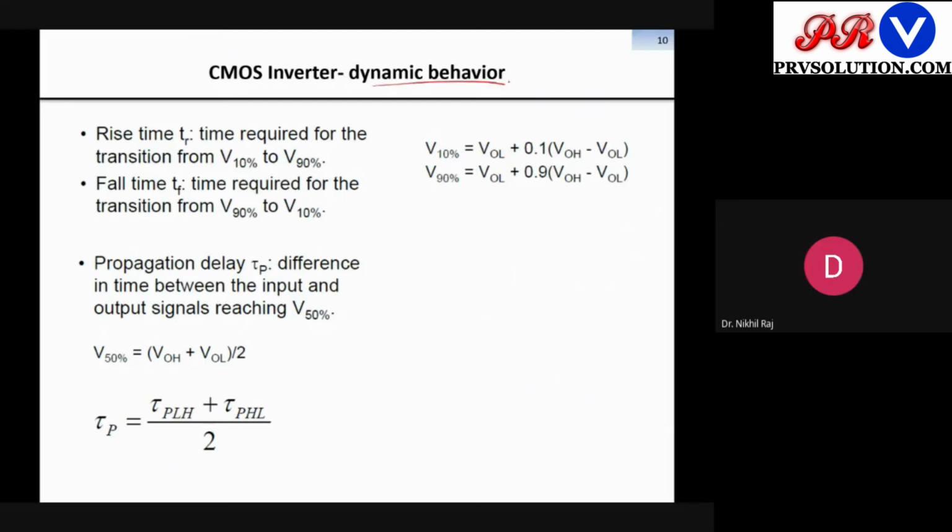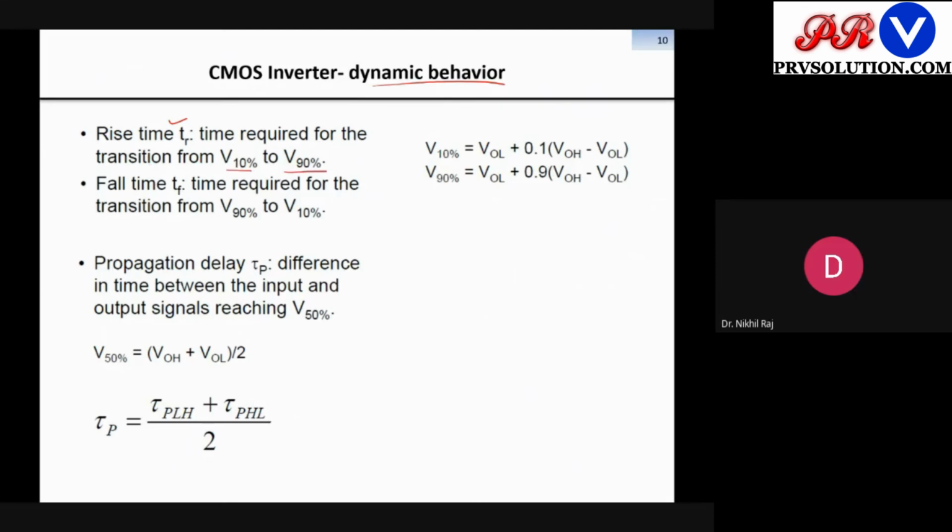Now coming to the dynamic behavior. In the dynamic behavior, what will you study? You will study the rise time, fall time, and propagation delay, which decide the speed of the circuit. So what is the definition of rise time? The rise time is the time required for the transition from 10 to 90%.